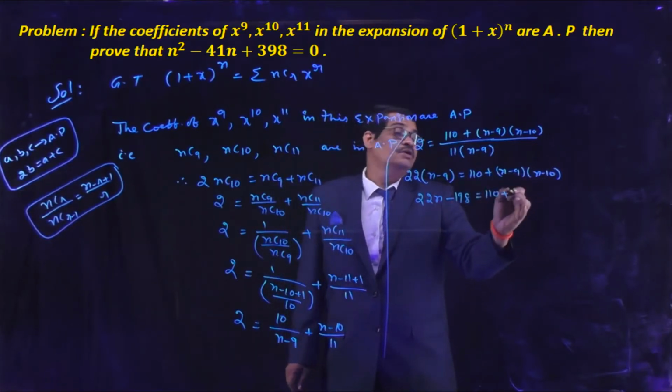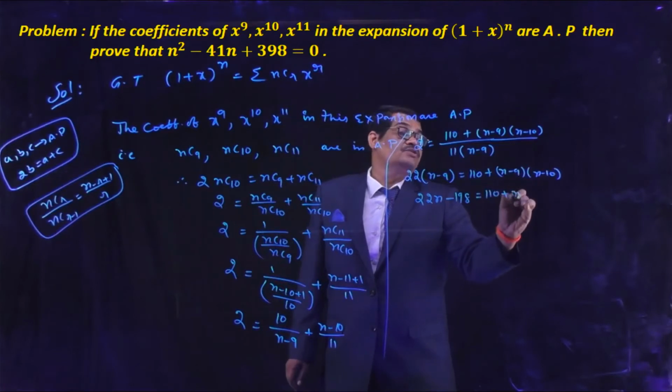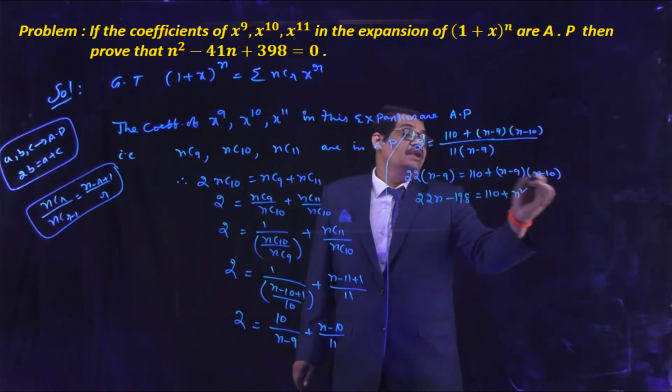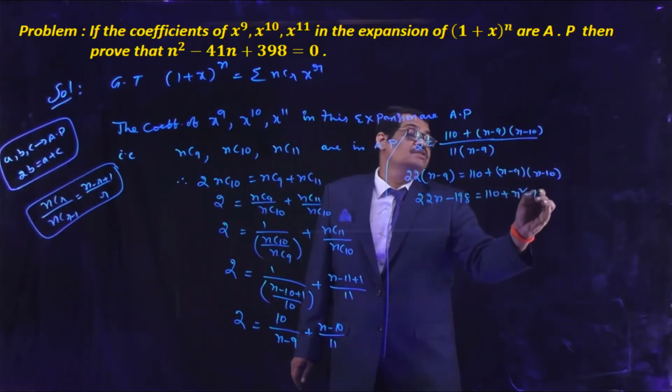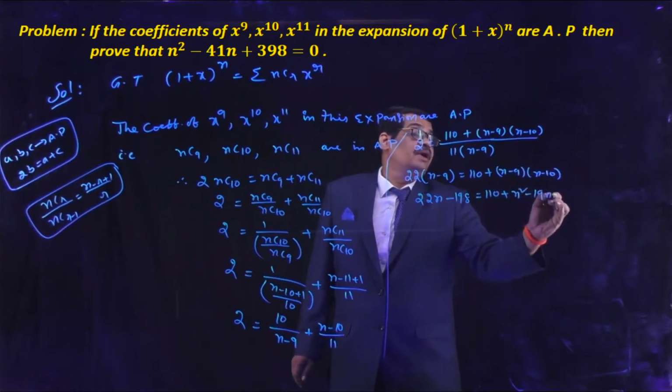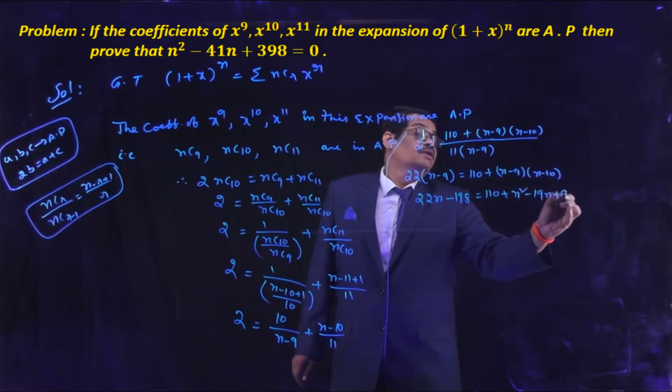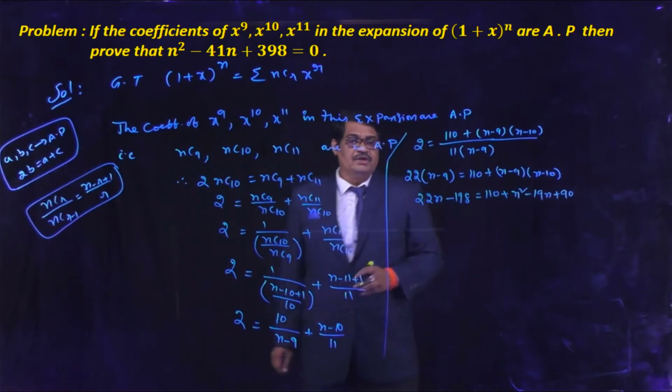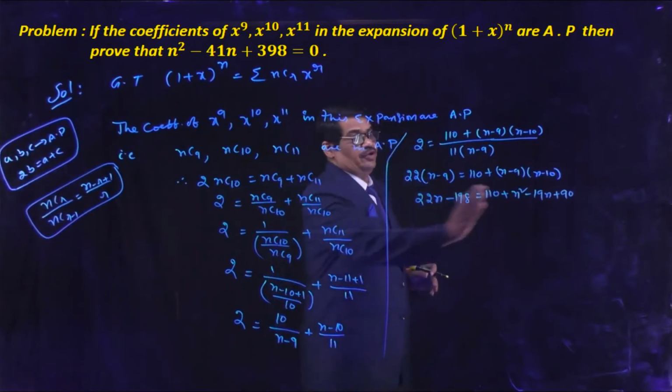Multiplying with 22, this is 22n minus 198, equal to 110 plus n minus 9 into n minus 10. Multiplying those two terms, we get n square minus 10n minus 9n, that is minus 19n, plus 9 into 10, that is 90. Now we move these terms to this side.